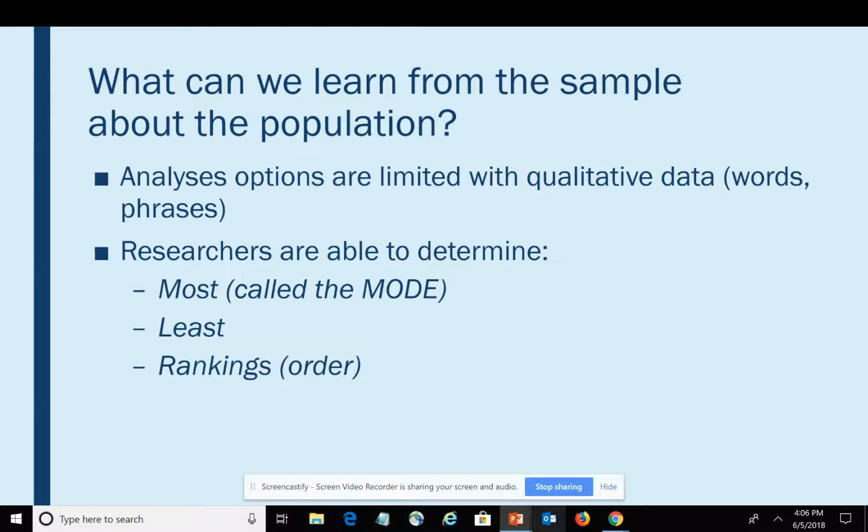They can determine the most popular or the most common, which category occurred the most. Statistically, that's called the mode. Which category occurred the least. And then, if need be, they can provide rankings with that sense of order from lowest to highest or highest to lowest.